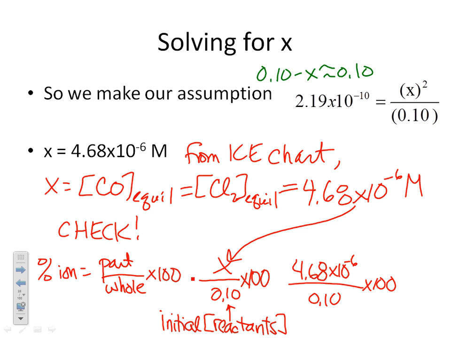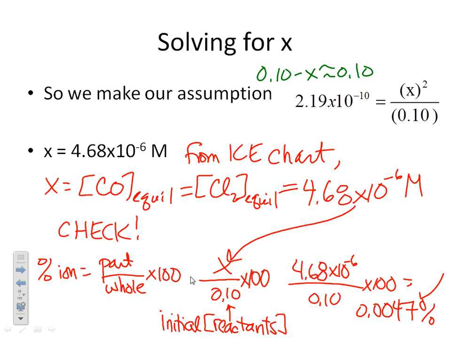And hopefully, even if you're not doing the math, you're realizing there's no way this is going to come out anywhere near 5%. This winds up being 0.0047% reacted, essentially, which is way less than the 5 that we need.